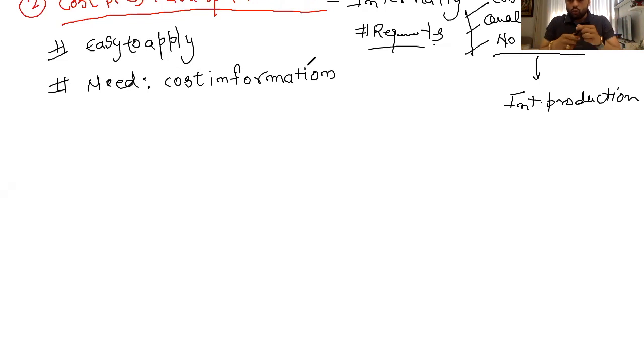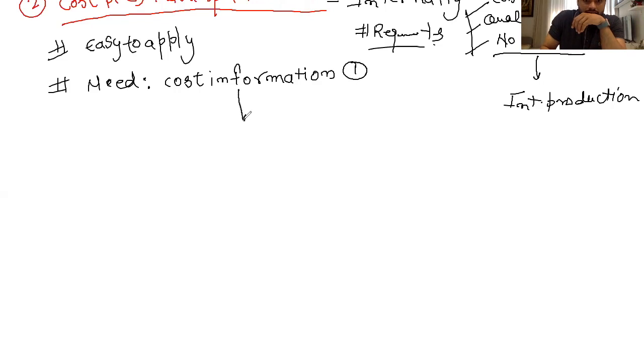I need to know what the cost of this intermediate product will be. Once I have the cost of the intermediate product, I will determine the price and use that price to supply to the receiving division. If I do not know the cost, of course, I am unable to estimate the price, right? So we need cost information first.